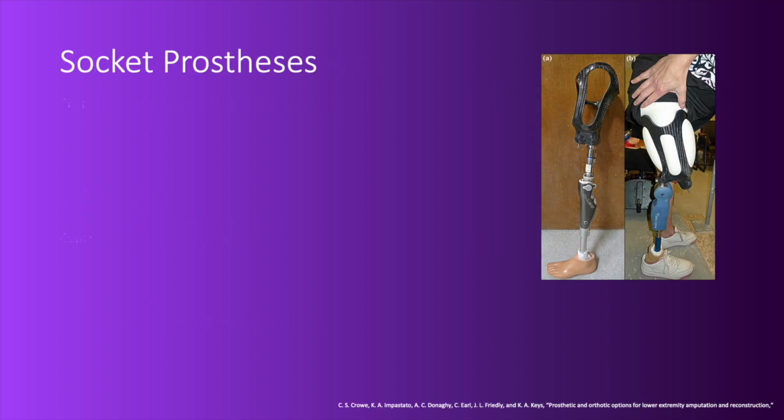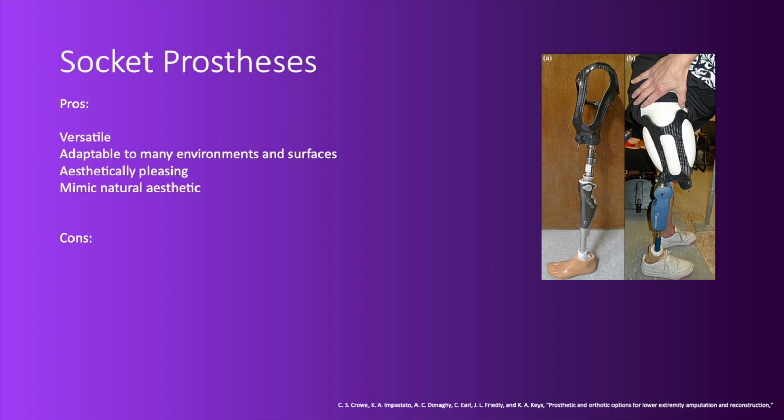Socket prostheses are suspension mechanisms for prosthetics and are versatile and adaptable to many different environments. Additionally, socket prostheses provide the ability for a patient to regain some aesthetic semblance of a natural leg and foot, allowing patients to wear normal clothing and shoes. However, socket prostheses are not perfect.